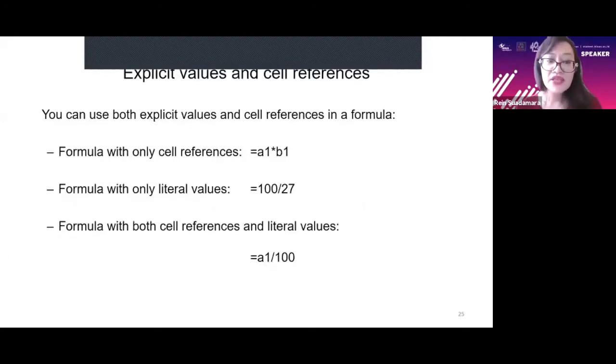So this is the type of formula that you can use. You can use a multiplication formula, you can use a division, or you can pick a column and a row, and let's say you want a percentage, then you can just divide it by some other value.